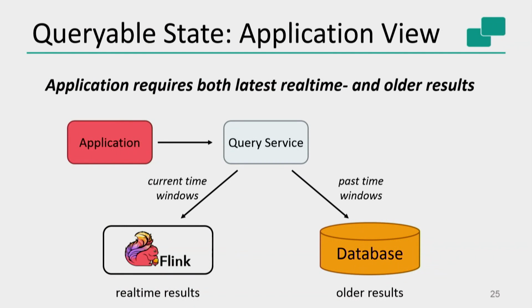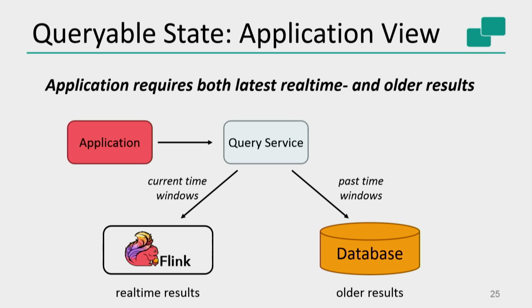If you have a system that is interested in both the latest and older results, then you have to do something a little more elaborate. You have to work with something like a query service. You have to make your application aware that there are two different places where you can pick up results: old results and up-to-the-second results. Like I mentioned, this may not seem apparent. When I first thought about this, I thought it was very exotic.